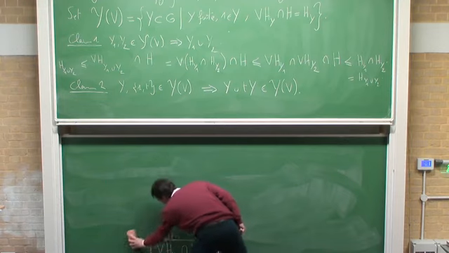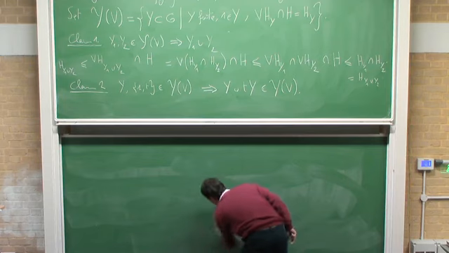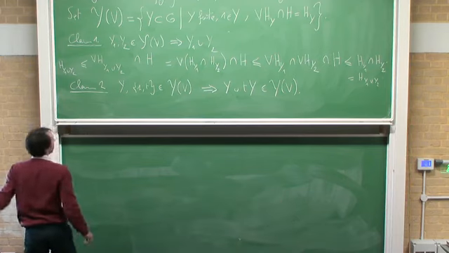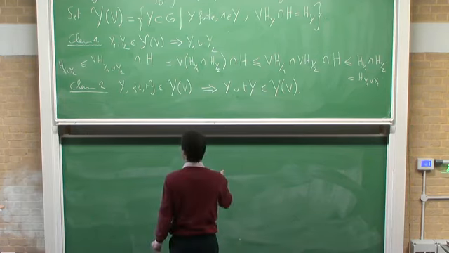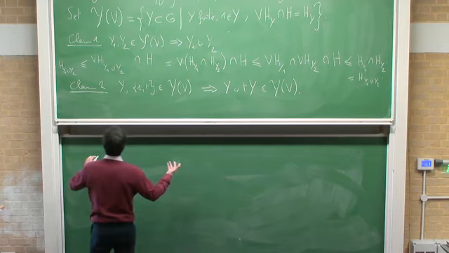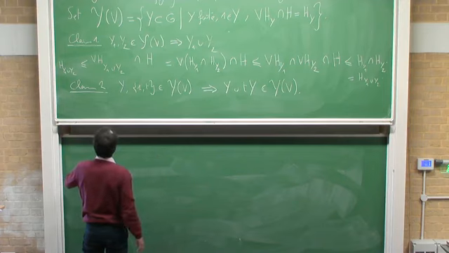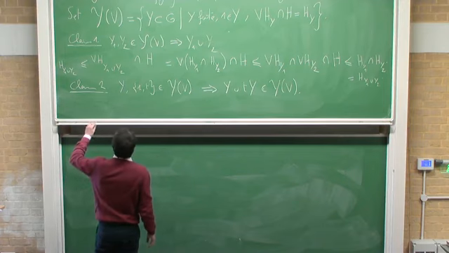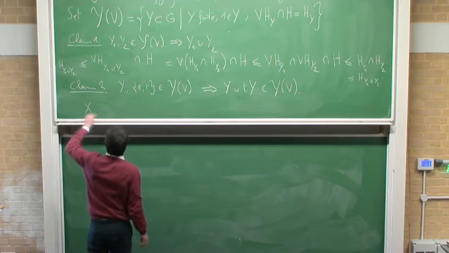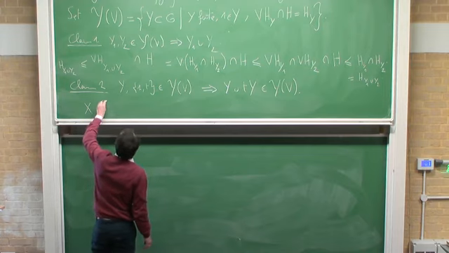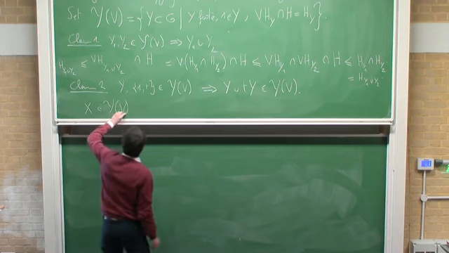And now what's going on? Now I can finish because X, my generating set, was in there.